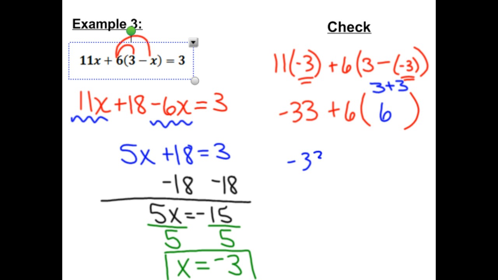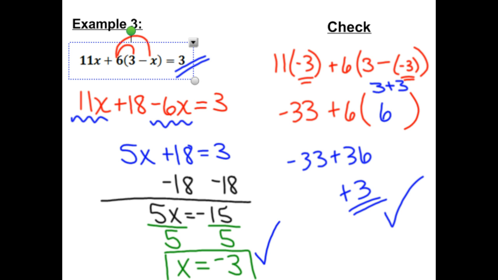So we have negative 33 plus 36. If we add those two together, we get a positive 3, and that's what it equaled. So it checks, and our answer is, in fact, x equals negative 3.